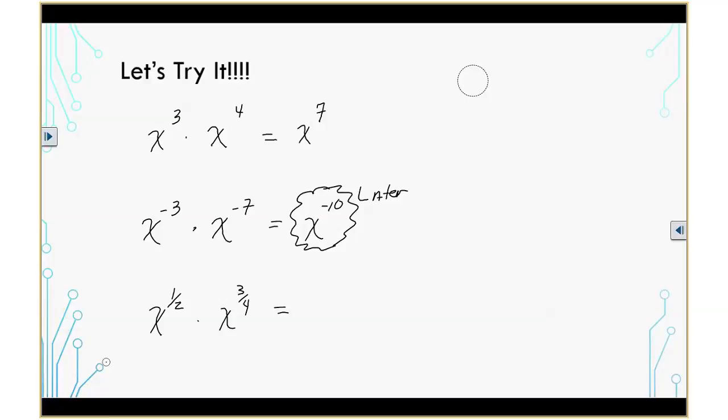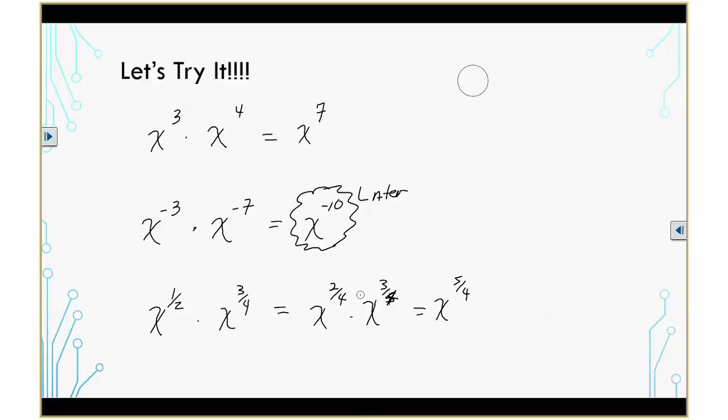We got to add the exponents. Well, what do we got to have to add the exponents? Common denominator, Hubert. That's right, class. Now, what's the answer? x to the what? x to the 5/4. I don't know where that came from. Oh, I know where it came from.